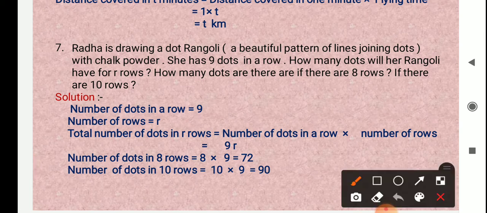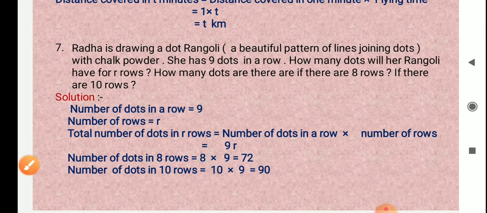So now you read that word problem carefully, then you came to know that here by chalk powder Radha is drawing a dot rangoli with a beautiful pattern of lines joining dots. Here she has drawn 9 dots in a row.